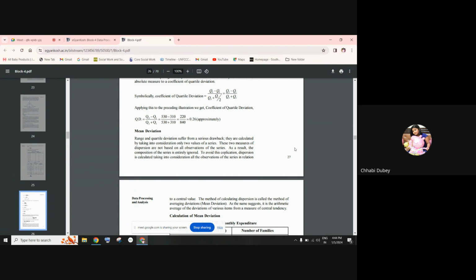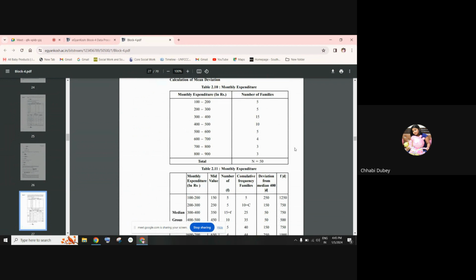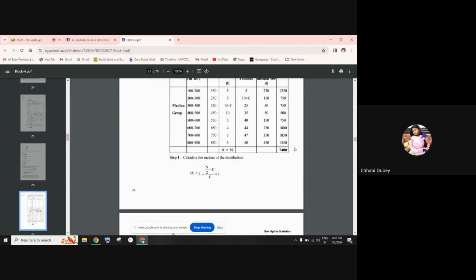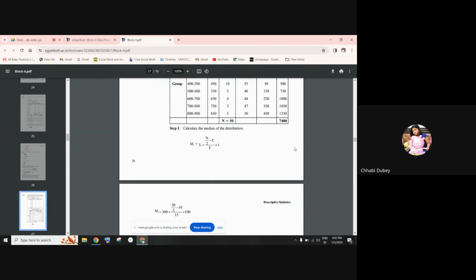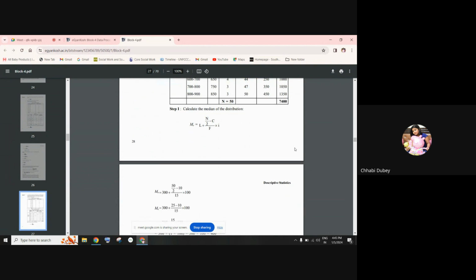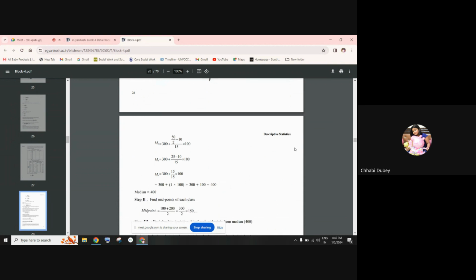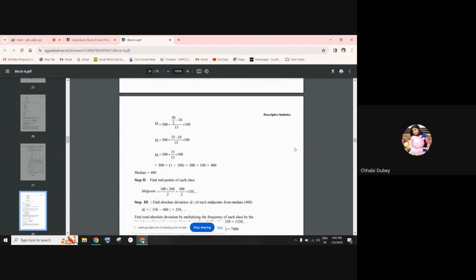Mathematically speaking, it is the arithmetic average of the deviations of various items from a measure of central tendency. They have given this example here, and you will apply this by calculating the median of the distribution using the above formula. So this formula can be used to calculate the mean deviation.